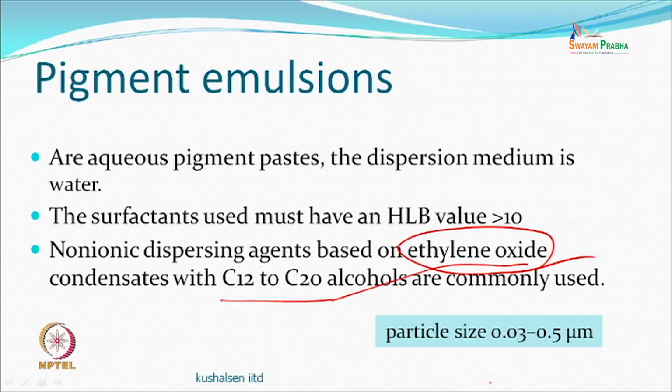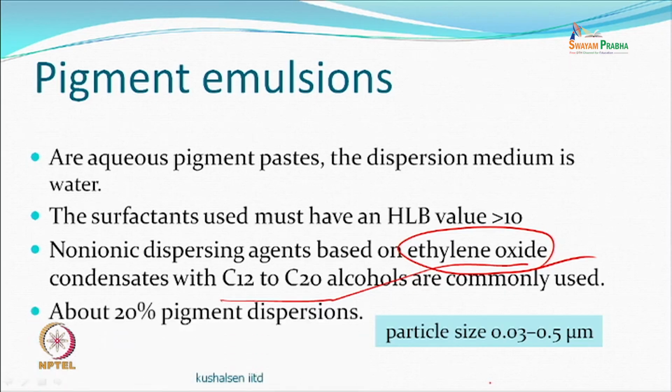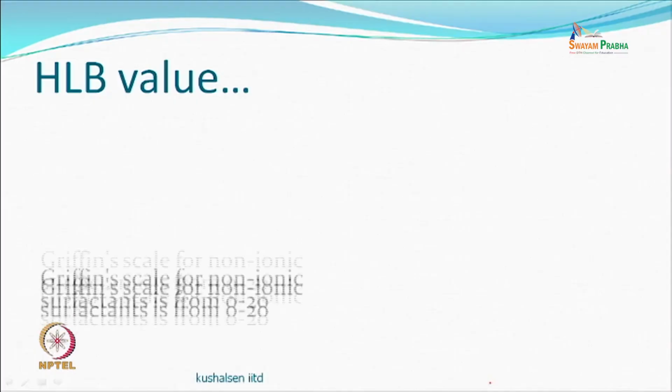So their balancing has to be done. Generally available as 20% solids, okay. So the rest is whatever, water mainly. So this HLB in some way or the other has to be balanced.